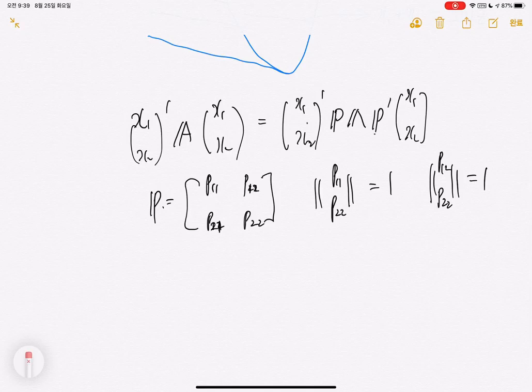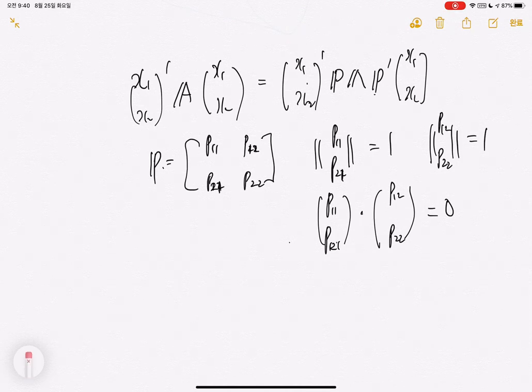So what it means is the inner product of P11, P21 with P12, P22 is 0.